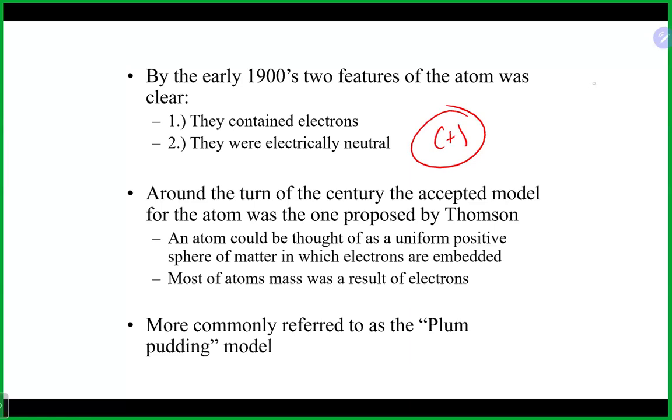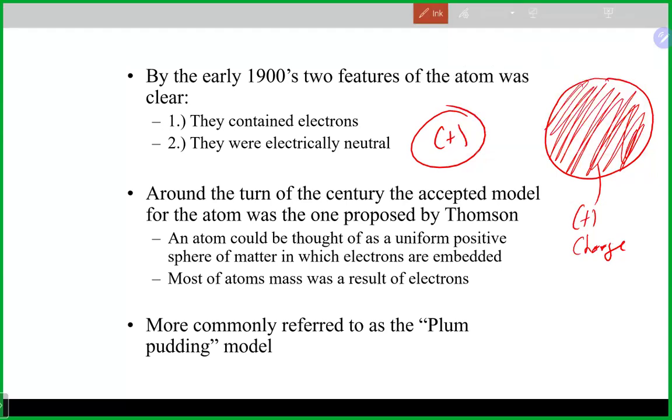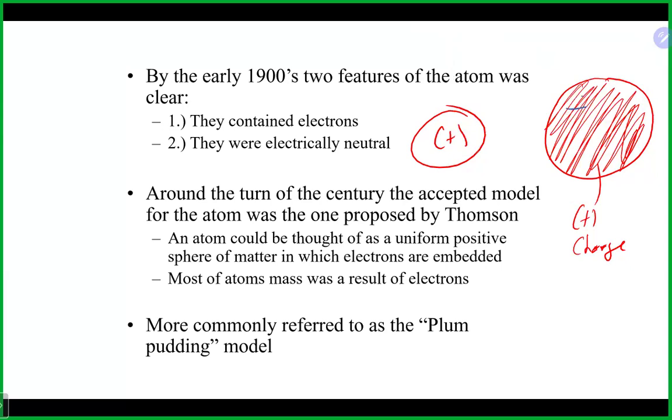Essentially, he thought the atom was this sphere, and within the sphere you had all this positive charge spread out over the sphere. And embedded inside this positive charge, you have these negatively charged electrons.